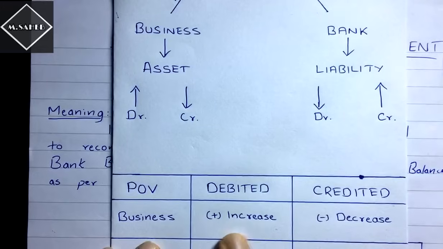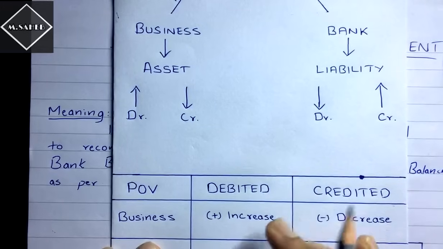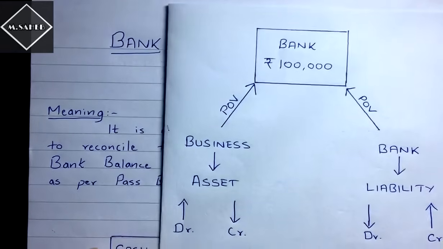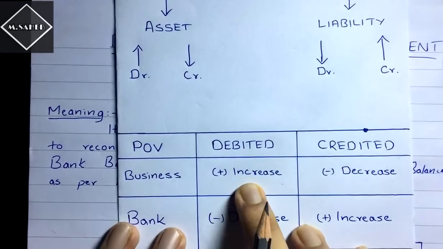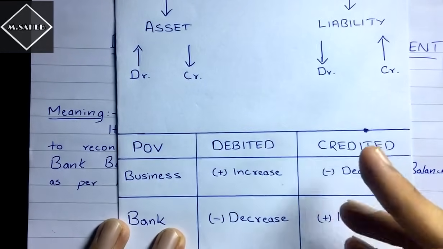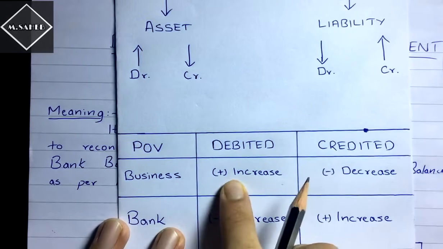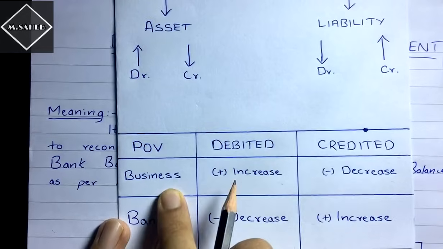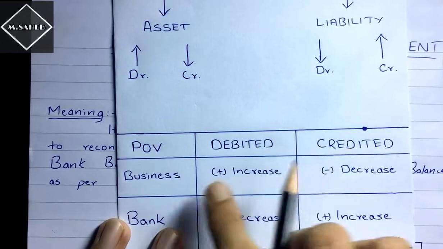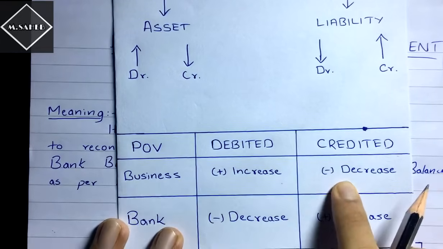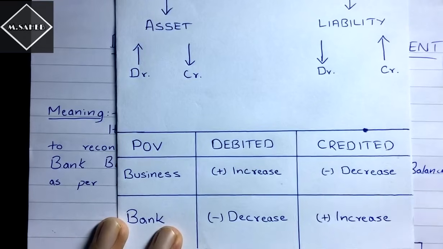All right, whenever an asset increases, you debit it. So that is what I'm saying. If the bank balance increases, you debit it. Okay, debited means debited. Whenever they say in the question debited, that means it is increased, from the point of view of business I'm talking about. And credited means from the point of view of business, decrease in the bank balance. Okay, decrease in asset.